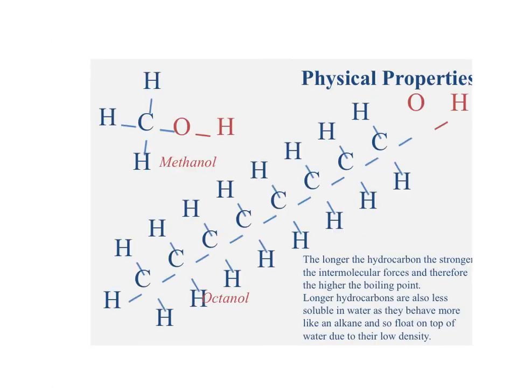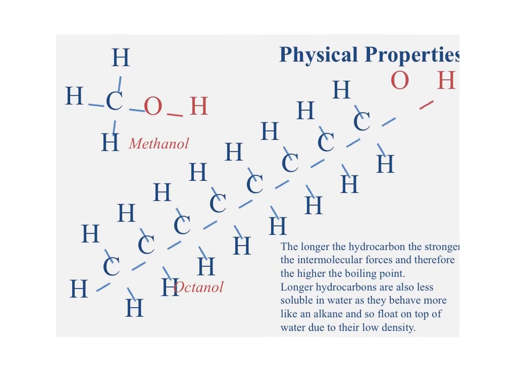Now, looking at alcohols, we've got a few physical properties that we need to be aware of, and I know this is a really awful picture. I'm sorry, it was imported from PowerPoint. The longer the hydrocarbon, so things like octanol, nonanol, decanol, the stronger the intermolecular forces are. Okay, the longer the chains, they're going to hold on to each other tighter.